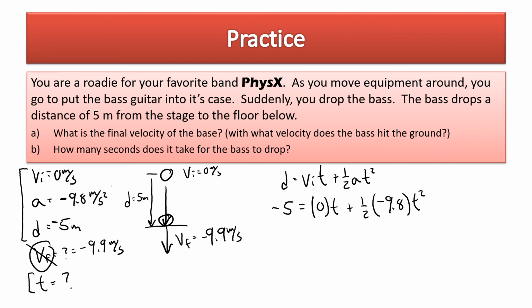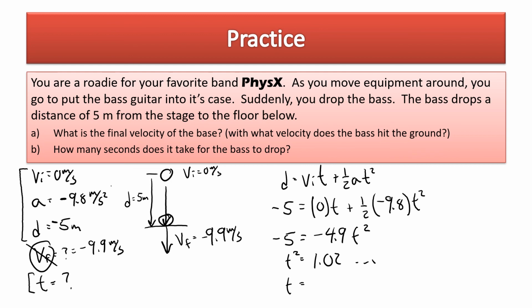So you're going to solve for t. You get negative 5 is equal to negative 4.9 t squared. Like I said, you're going to be doing 1/2 times negative 9.8 a lot, and you'll end up just memorizing it. So you divide, and you get t squared is equal to 1.02, and then you could do second square root, second answer in your calculator because this is a longer decimal.